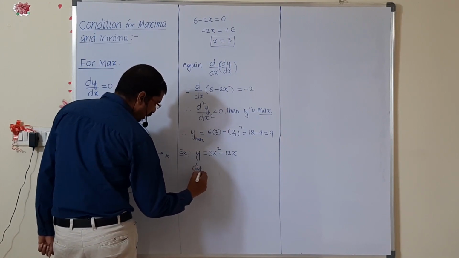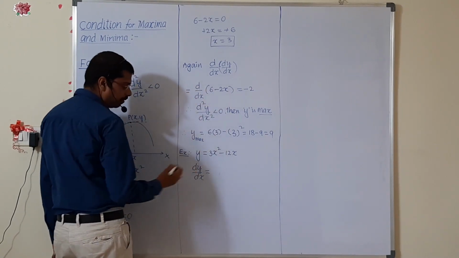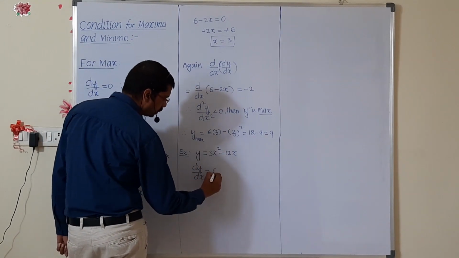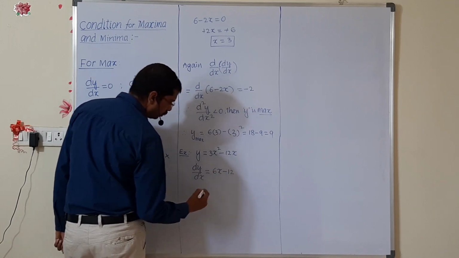First, dy/dx is 6x minus 12. It is equal to 0. Why?